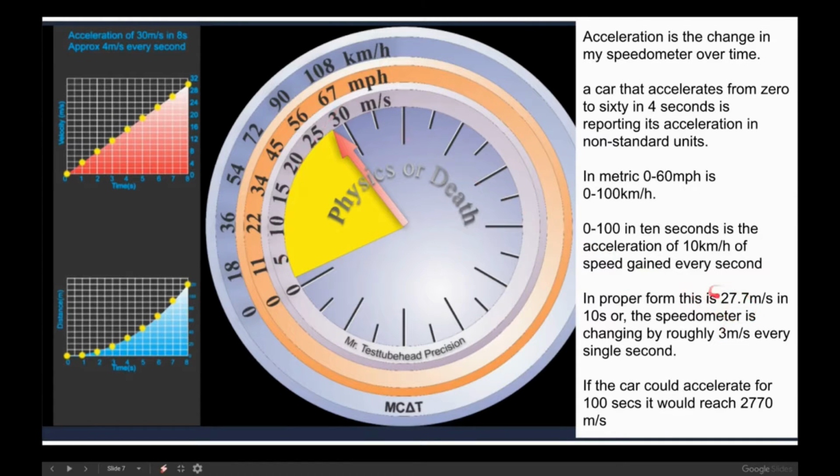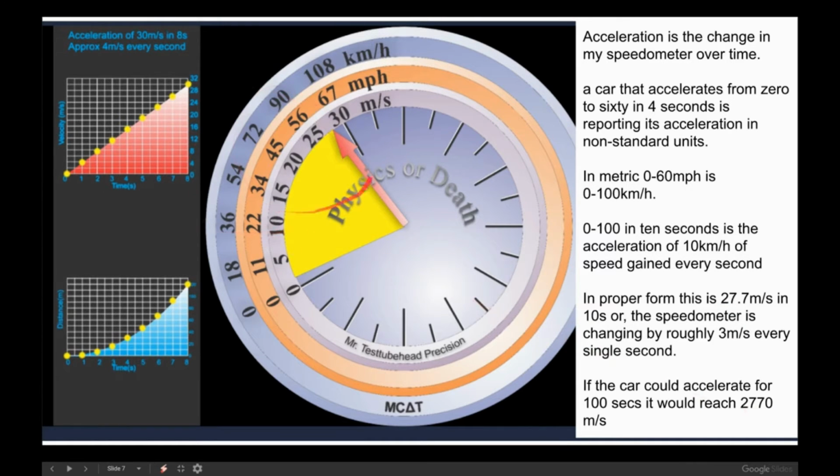Then, if we rounded this, this means our car is gaining speed at 3 meters a second every single second. Get the idea? If this car could accelerate at this rate for 100 seconds, it would reach the astronomical speed of 2,770 meters per second.